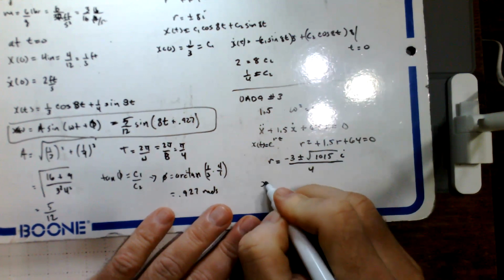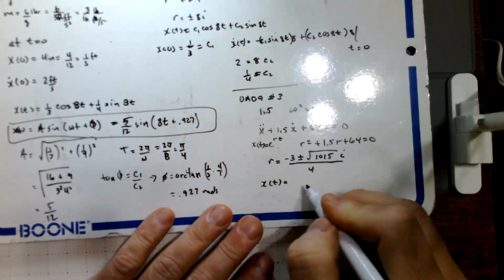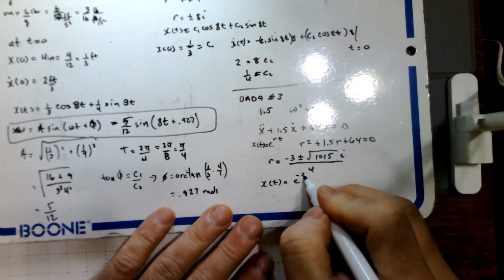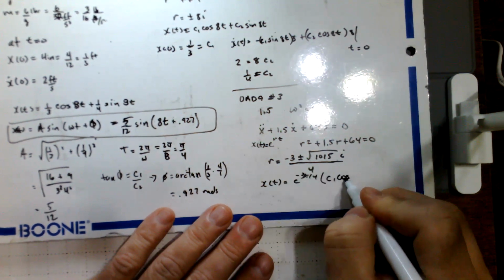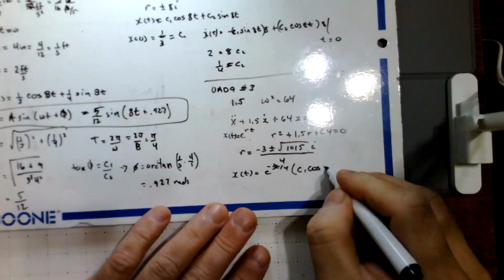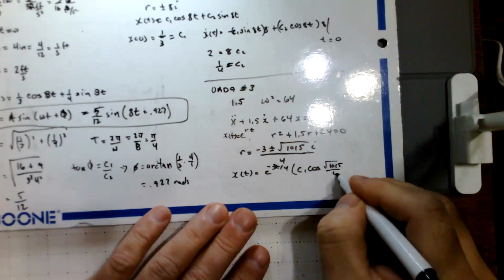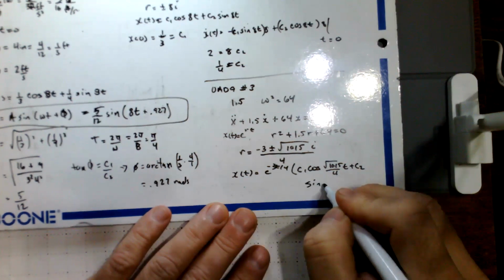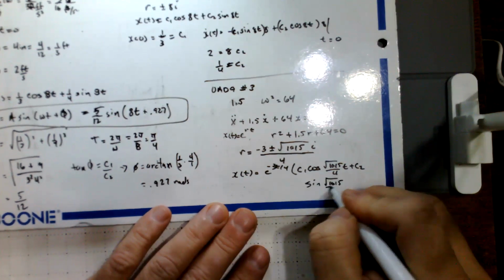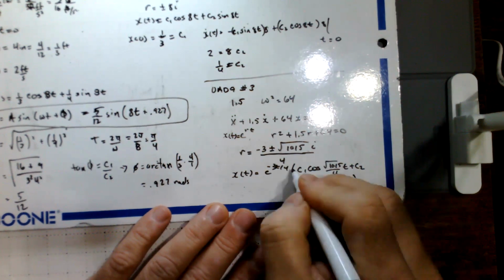And so we're going to get x of t is equal to e to the negative 3t/4 times c1 cosine of the square root of 1015 over 4 t, plus c2 sine of the square root of 1015 over 4 t.